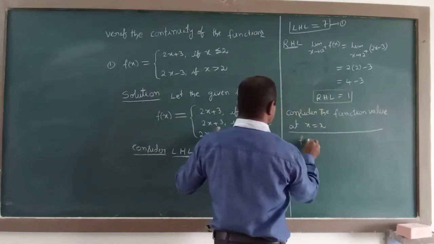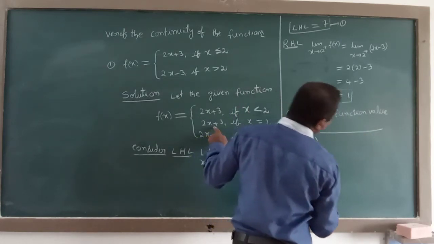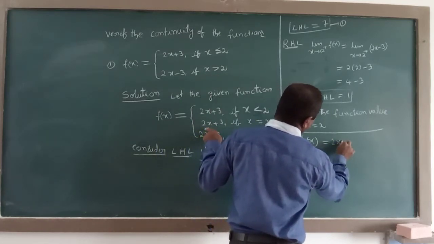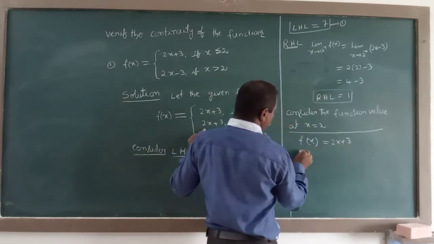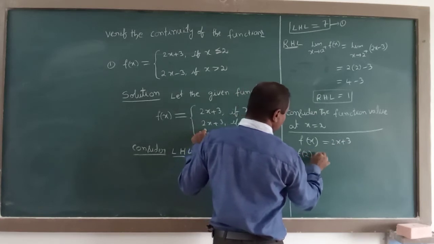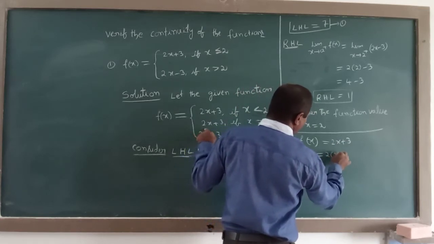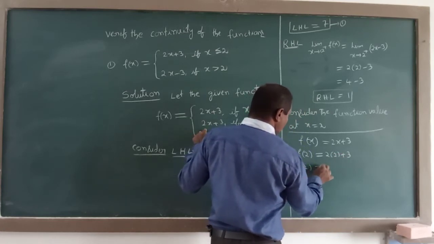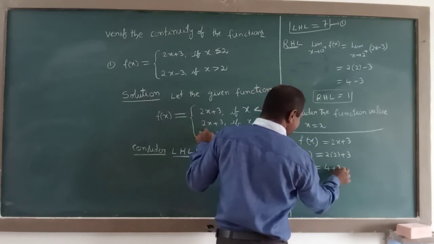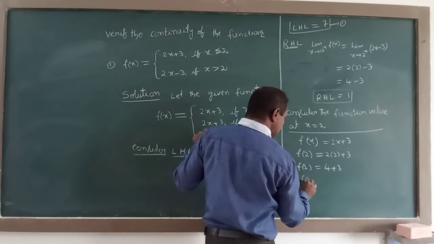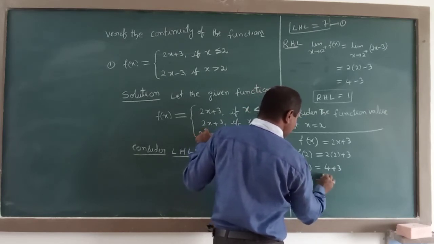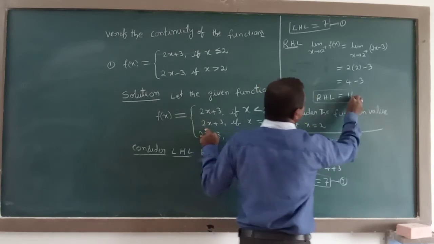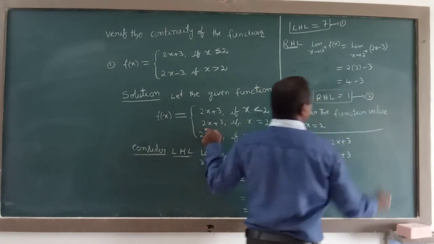For the equal symbol, the function is 2x plus 3. Substitute 2 here: f of 2 is equal to 2 into 2 plus 3. f of 2 is equal to 4 plus 3, that is f of 2 is equal to 7. This is equation number 3, and the RHL is equation number 2.